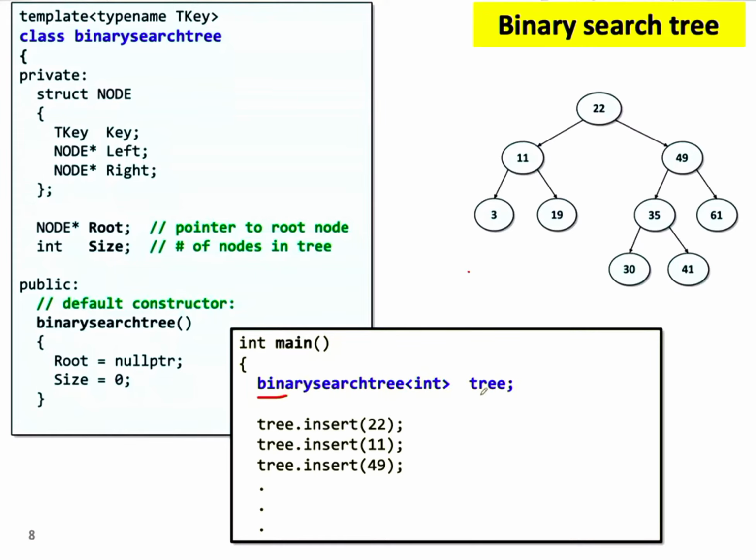Right? So tree is going to have the root set to null and the size set to 0. And then you're going to go ahead and do the insertion process, and that's going to populate the tree. Any questions about the tree class, the code and everything?